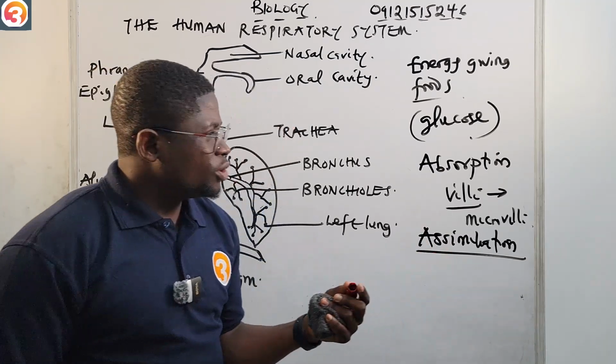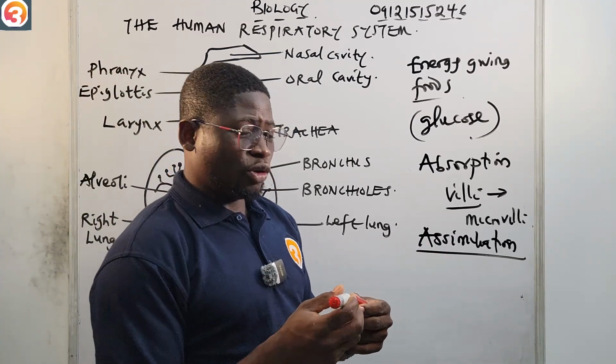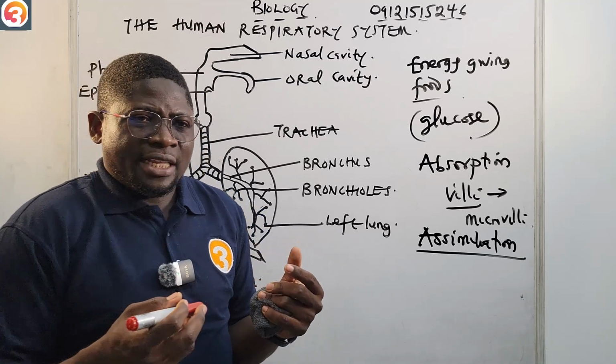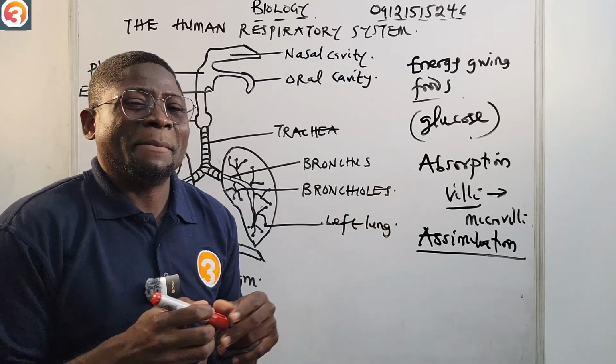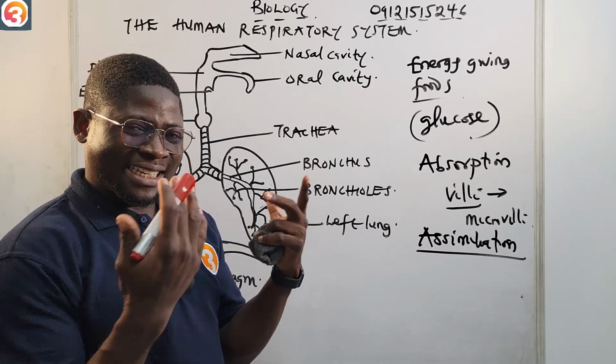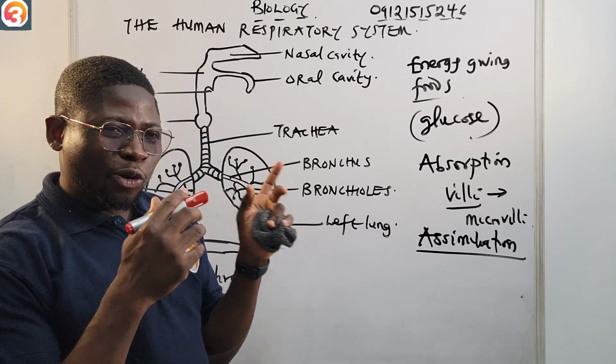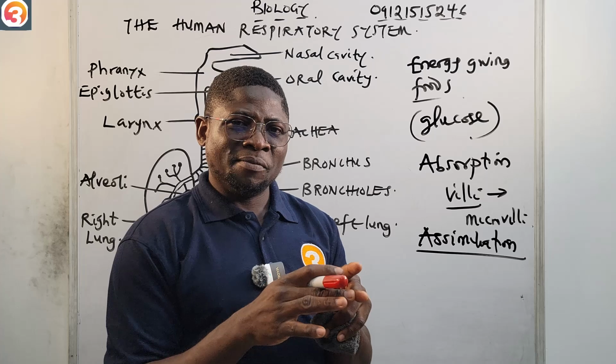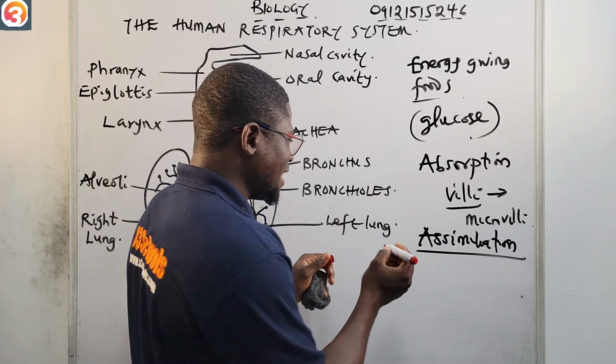So now the glucose has been absorbed into the bloodstream, and then it is transported to different parts of the cell where it is needed. And in the cell, what happens is that glucose itself is broken down to release energy.